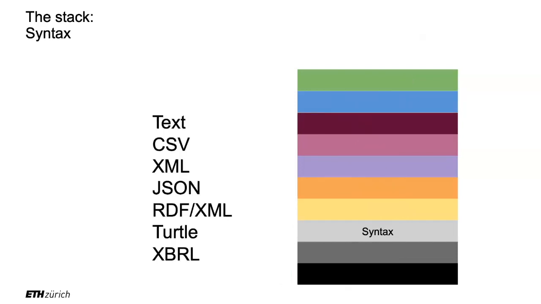So just so that you are aware, I still want to give you a sneak peek of what's to come. So at the syntactic level, of course, there's text, right? But you might know of CSV, right? Comma-separated values. Every business person knows about CSV, right? You find it on any website, you can download the data as CSV. Technically, it's tables. XML and JSON, that's for trees, for denormalized data sets.